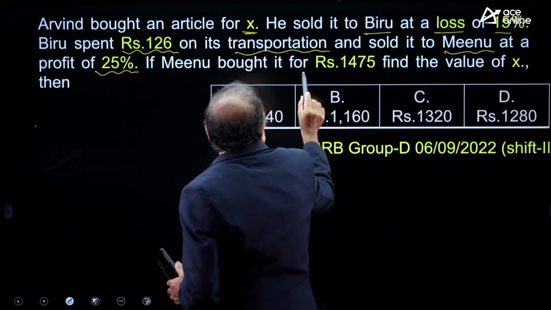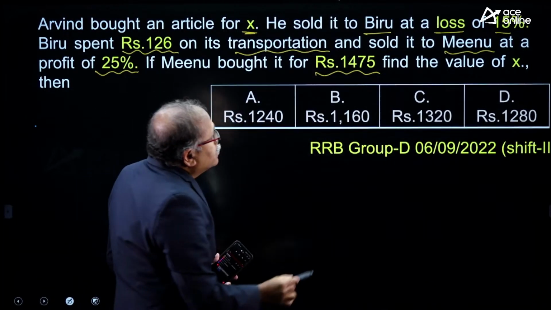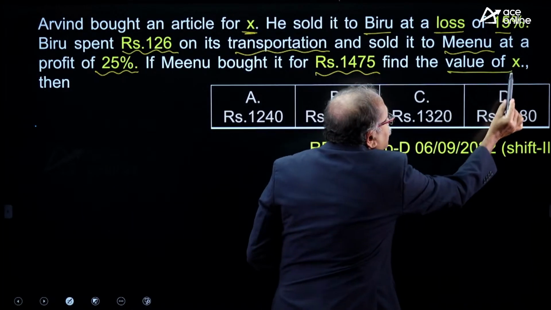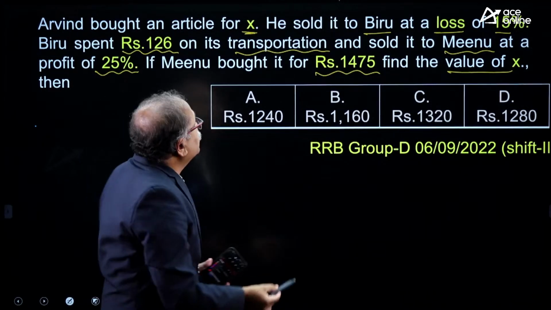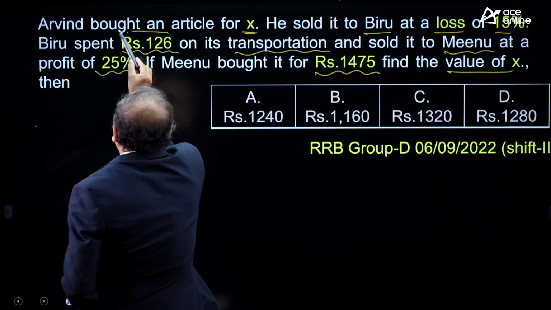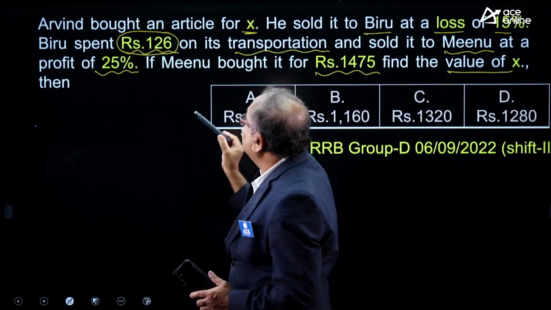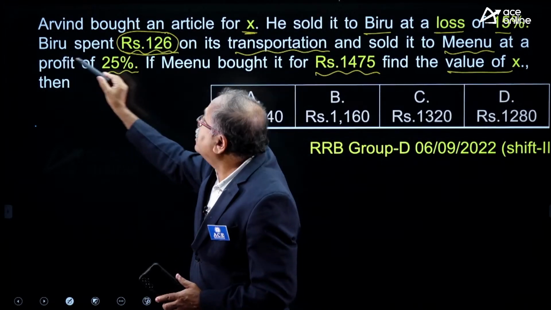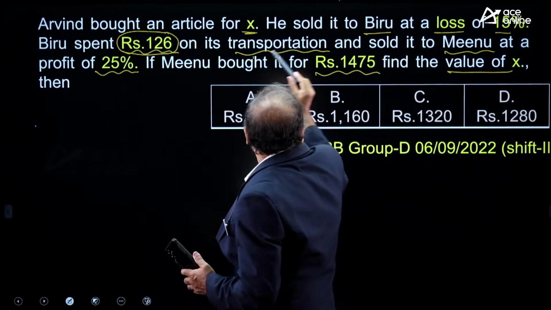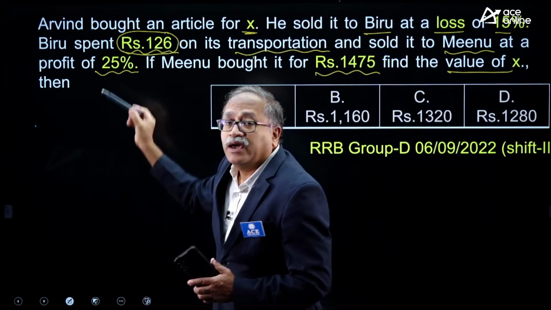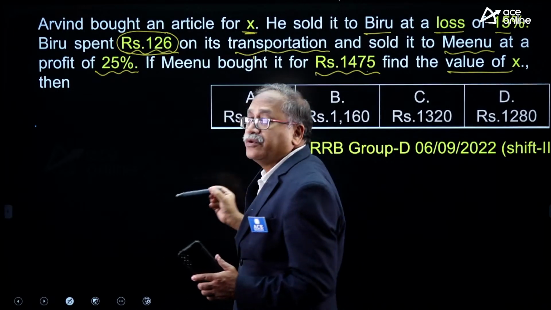Meenu bought it for rupees 1475. Find the value of X. The question is not complicated, but there is one small thing you need to take care of. Once Biru bought it, he spent 126 rupees on transportation, and then he sold it to Meenu at 25% profit. At the end, Meenu paid this amount.